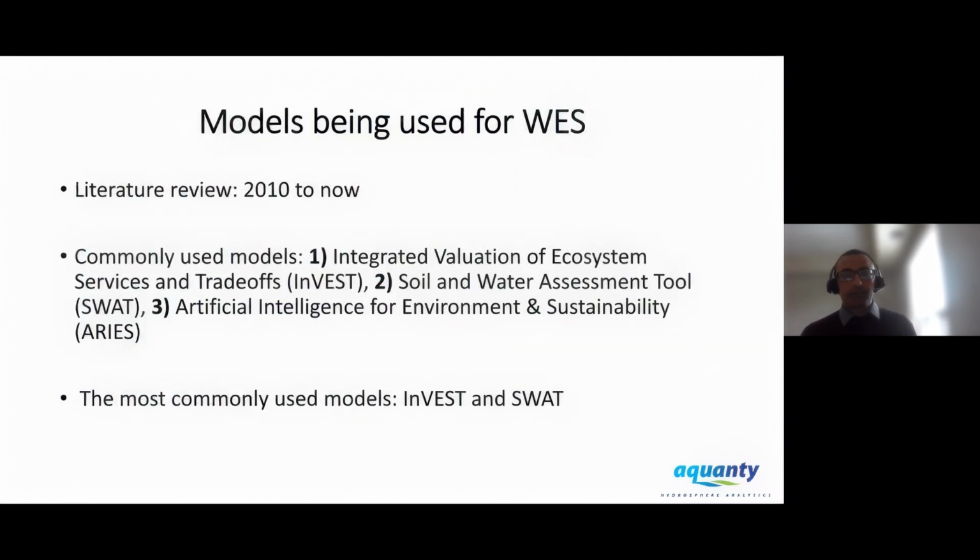But when we reviewed the literature from 2010 to now, we found that there are three major modeling tools being used for mapping of water ecosystem services. The first one is the InVEST tool, then SWAT, and then we have artificial intelligence tools. The most commonly used models are SWAT and the ecosystem services specific tool InVEST.